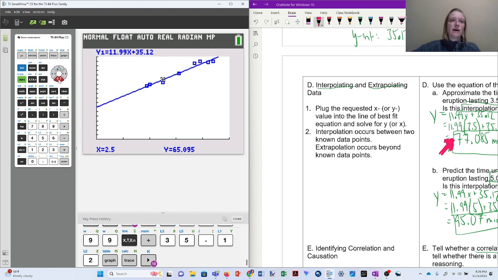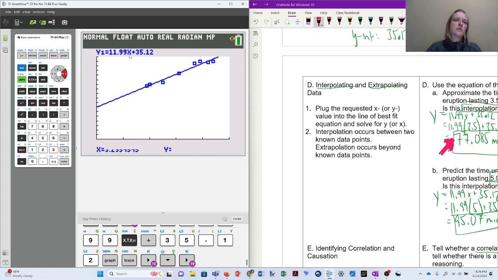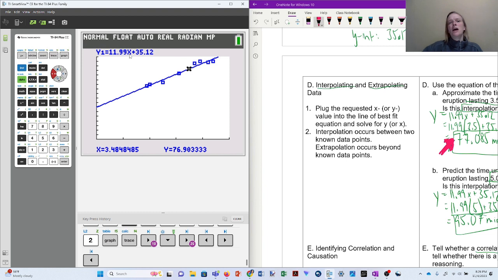If I click the up or down arrow, though, I'll switch to my linear equation, y equals 11.99x plus 35.12. And if I trace here, I can scroll to where the x value equals 3.5, or I can at least get close to it. It looks like I can't get exactly on it. I'm at 3.4848 or 3.52. But you can see here that the y value is approximately 76.9 or 77.3.